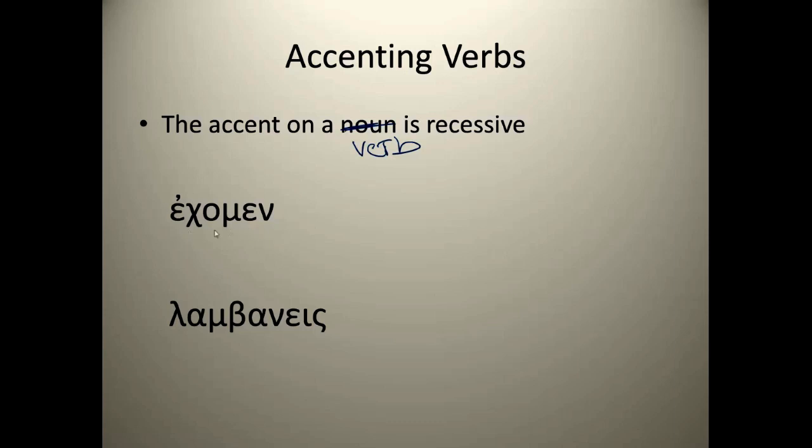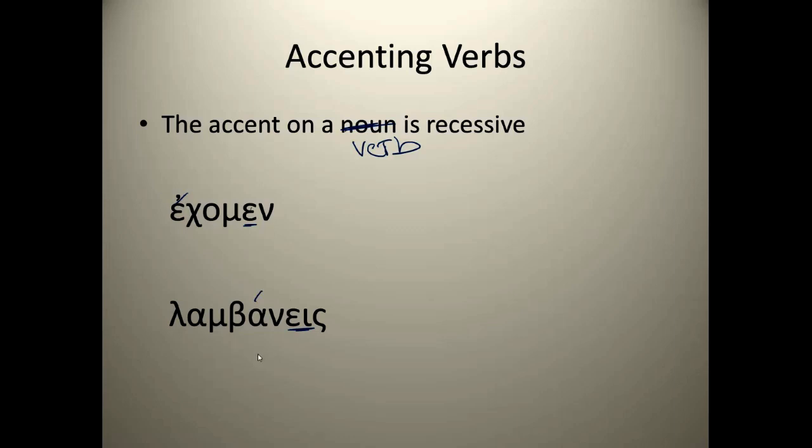So for example, in echomen, this is short, so based on rule 1.1, it's not long, therefore it can go back to the third syllable. That's what it's going to do. Echomen. 1, 2, 3. But in lambanes, look, we've got a diphthong, that's long, and rule 1.1 tells us if the last syllable is long, we can only go back 2 syllables. That means we're going to put the accent on lambanes.